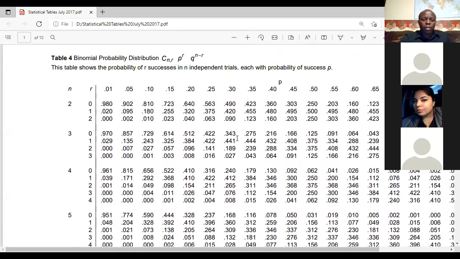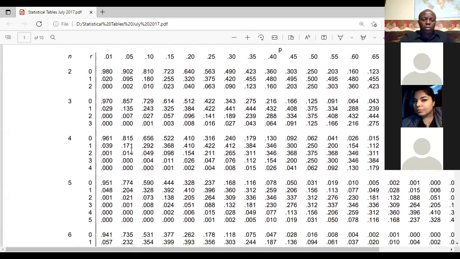You can see the 0.3. So for 3, and N5, and P 0.3, the answer is 0.132. We go and write it down, 0.132.